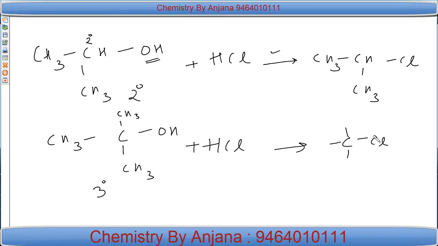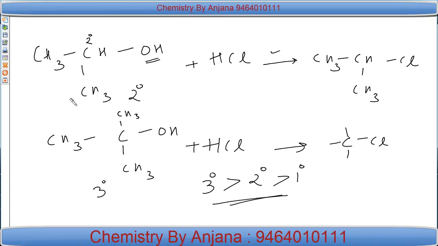So in this way, I'm preparing primary, secondary as well as tertiary alkyl halide by using primary, secondary and tertiary alcohols respectively. If I compare all three alcohols undergoing this reaction, the reactivity or the ease is: tertiary reacts fastest, then secondary and then primary. So here the ease of this reaction, alcohol with Lucas reagent resulting in alkyl halide, follows this order.